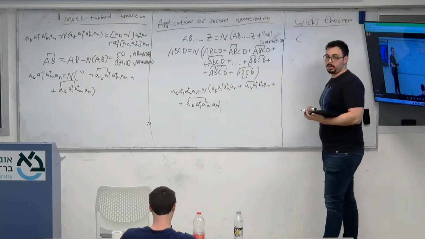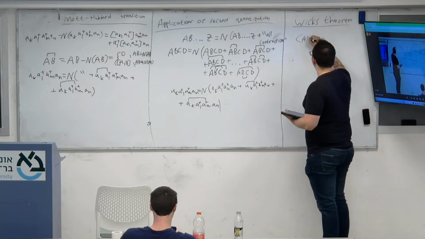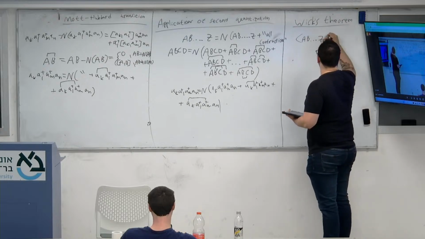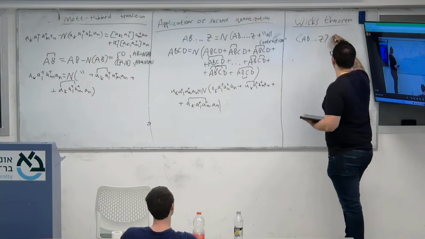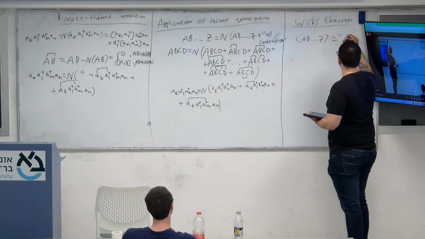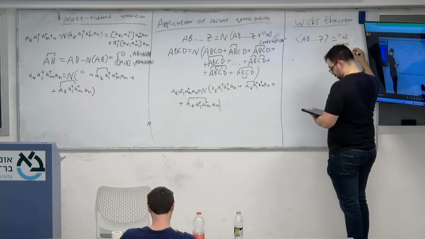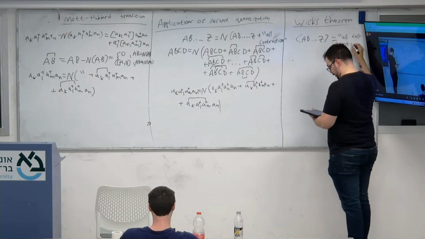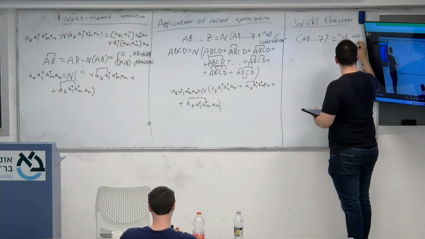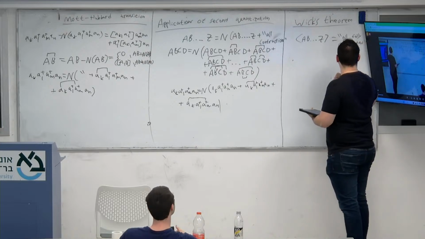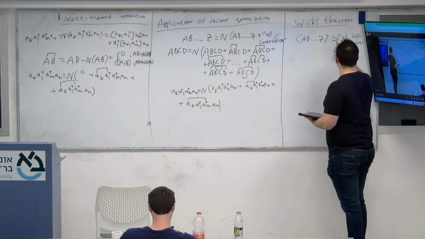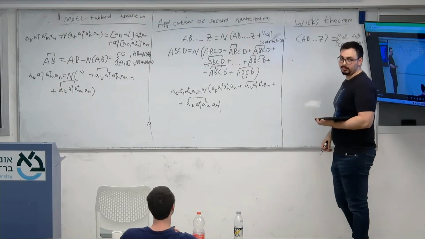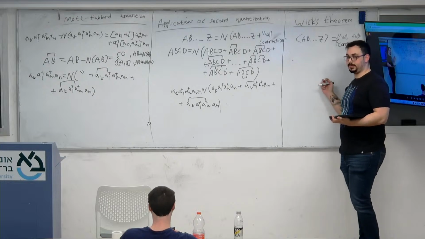If you want to calculate the expectation value, the set of operators A to Z will be equal to all fully contracted terms.